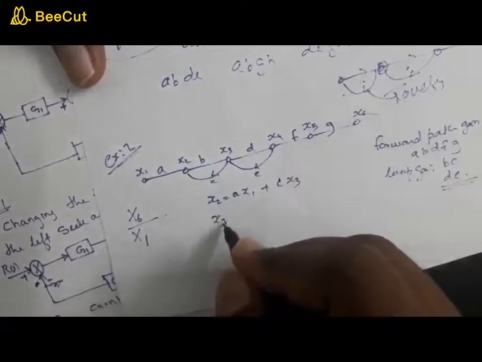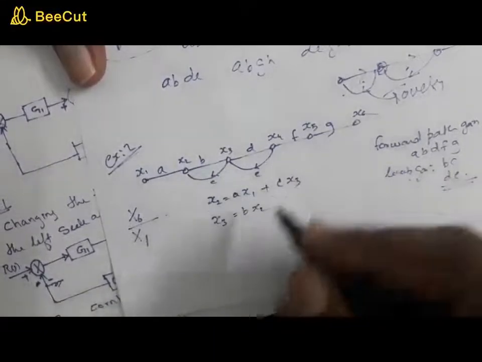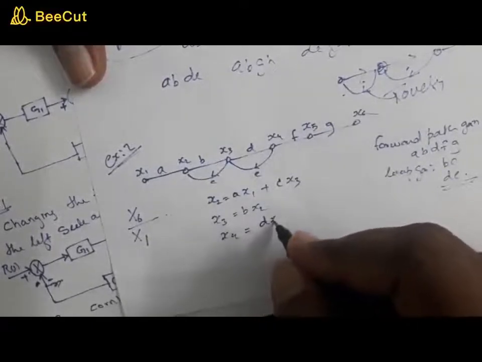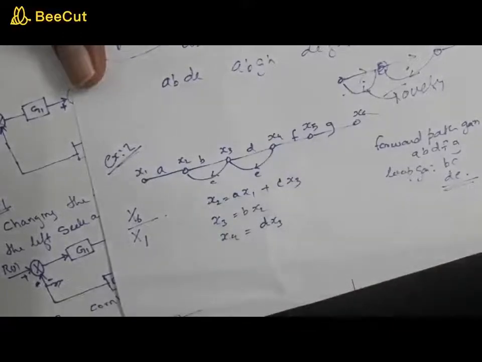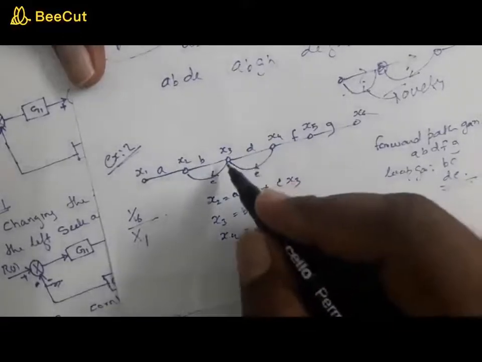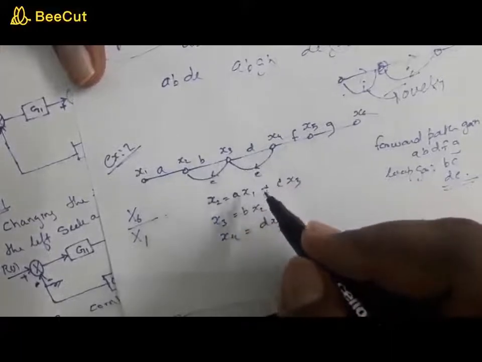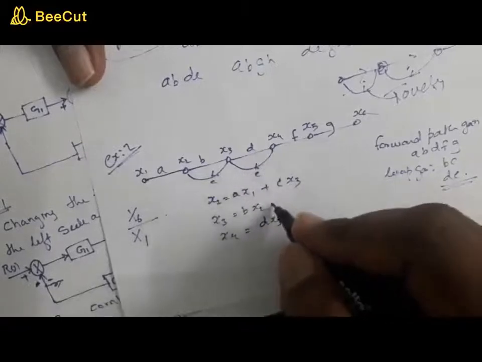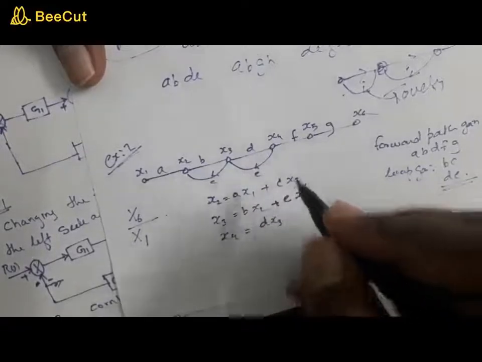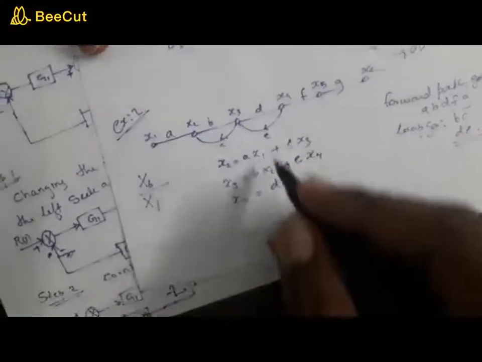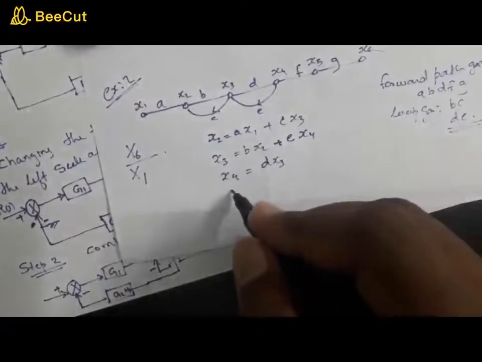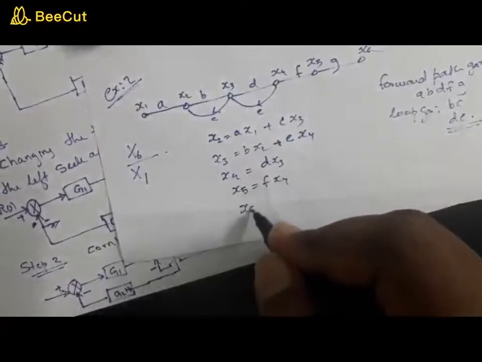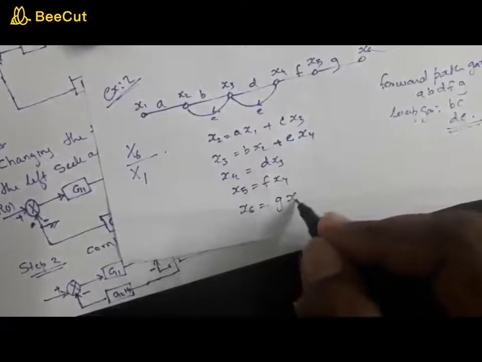Now x3 is b times x2 plus e times x4, while x4 is d times x3. That's right, x4 is d times x3, and x5 is f times x4, and x6 is g times x5.